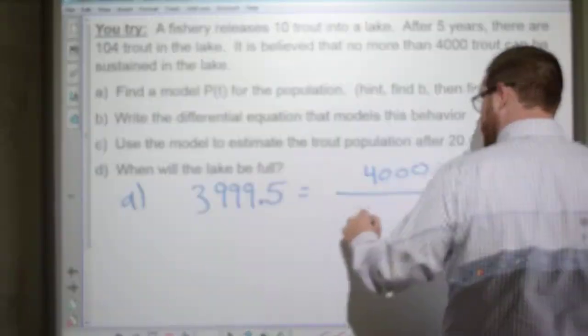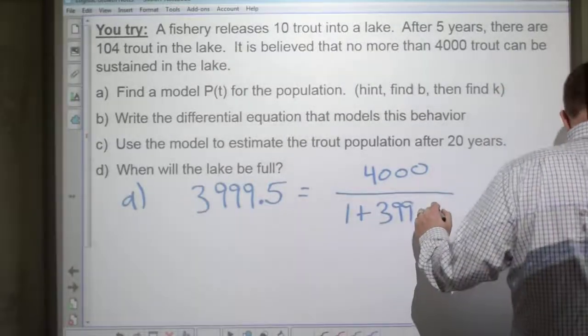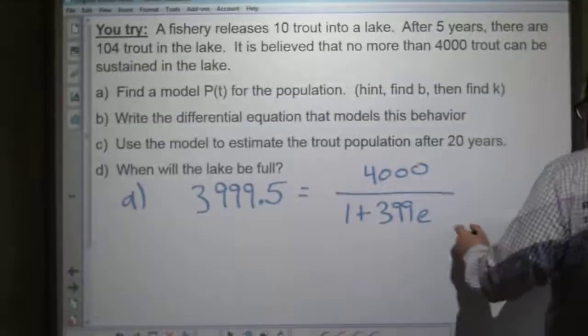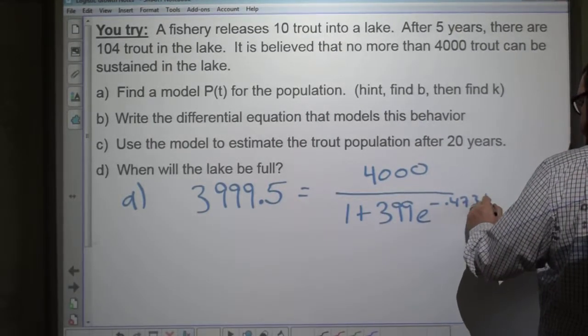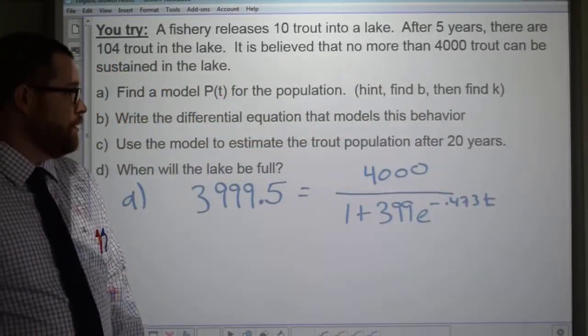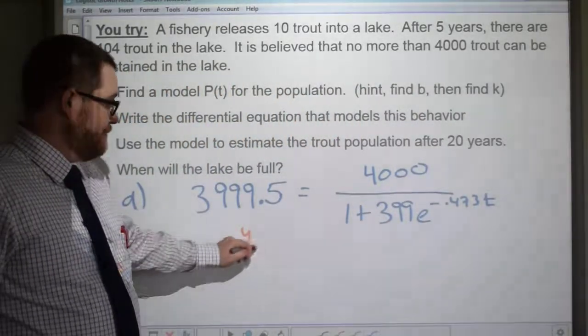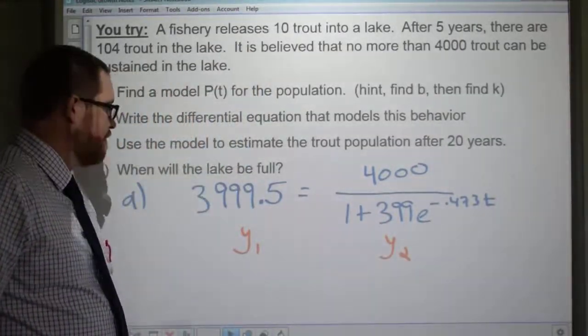So mathematically, let's figure out when that happens. 3,999.5 equals 4,000 over 1 plus 399 e to the negative 0.473t. You can solve this one by hand, but we're not going to. We're going to use our calculator because I want to see what this logistic graph looks like.